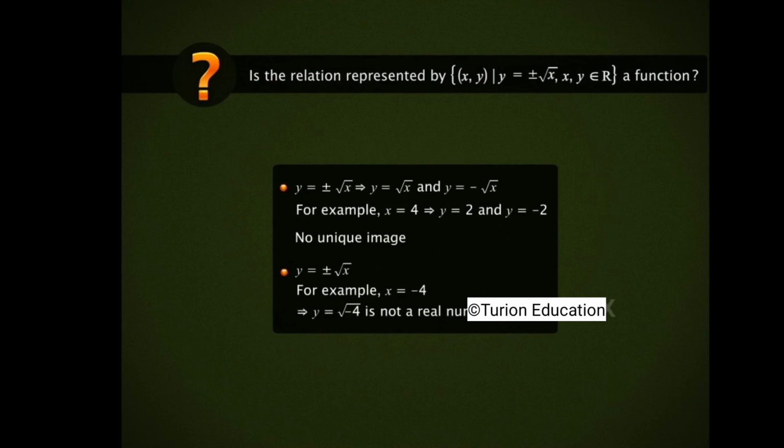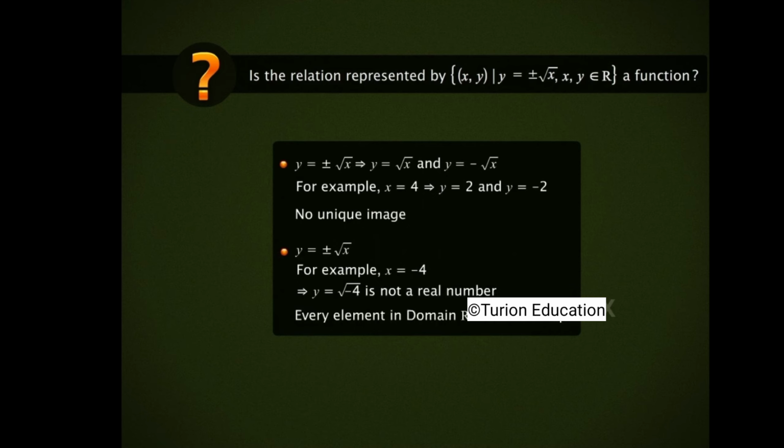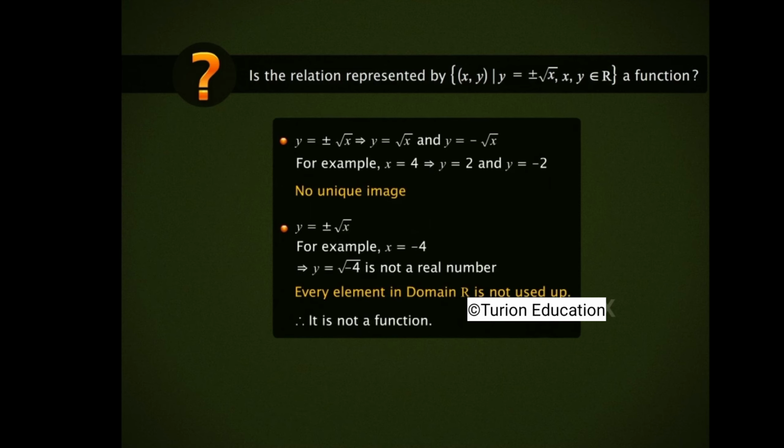Moreover, negative numbers in the domain do not have any image in the codomain R. So, the domain R is not entirely used up. In this relation, both the requisite conditions for a relation to be a function are not met. This relation is therefore not a function.